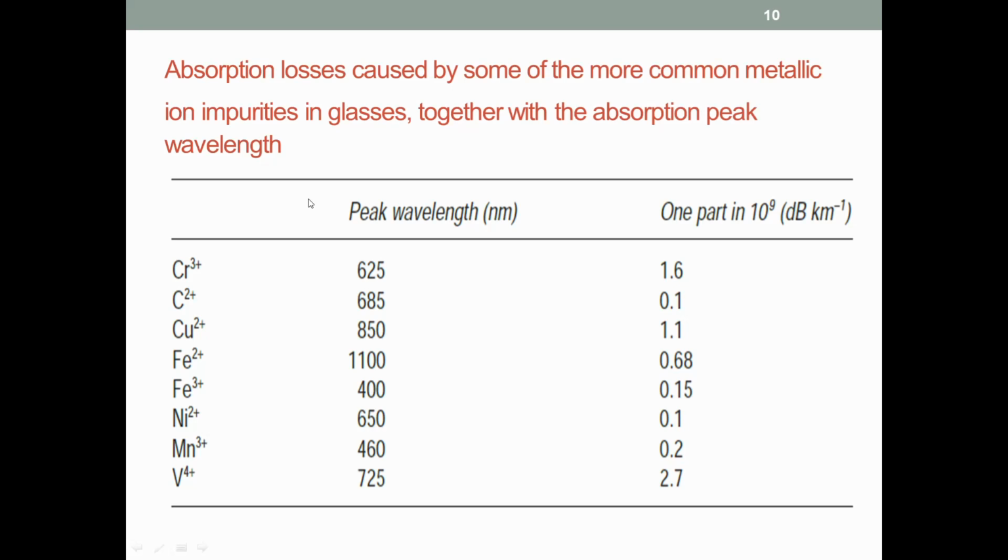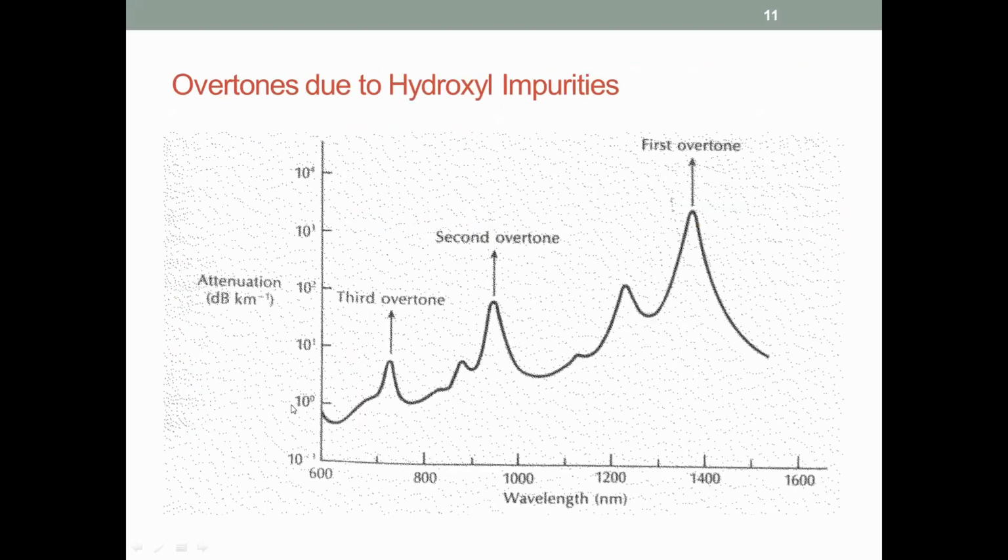Whenever you encounter all these impurities, this is the dB per kilometer at this particular wavelength. This is what you need to remember. This is the overtones I talked about: first overtone, second overtone, third overtone. Again this is attenuation with respect to wavelength.